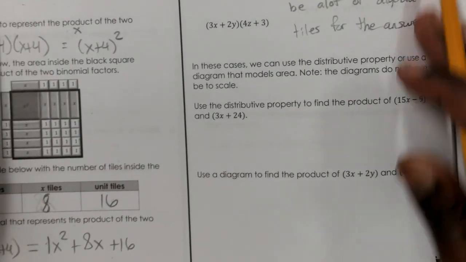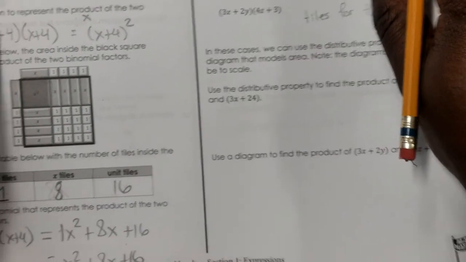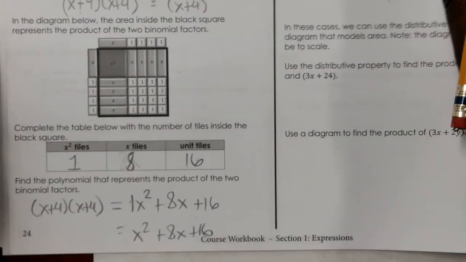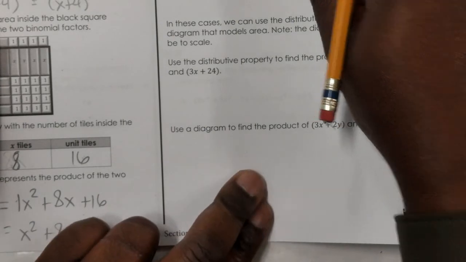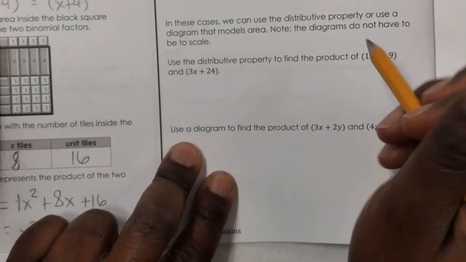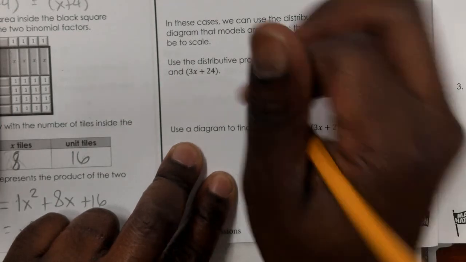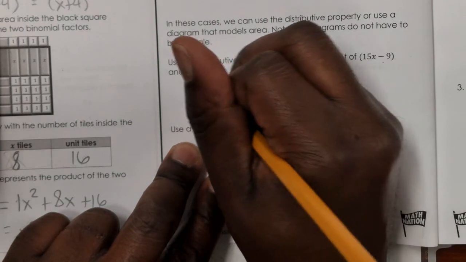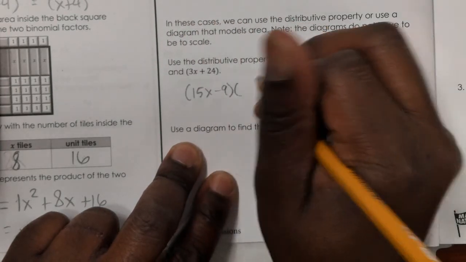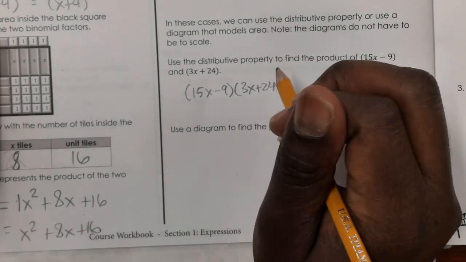So the distributive property is, let's say you had to multiply both of these. Remember, you're trying to find the product between them. So you're going to have 15x minus 9 times 3x plus 24.